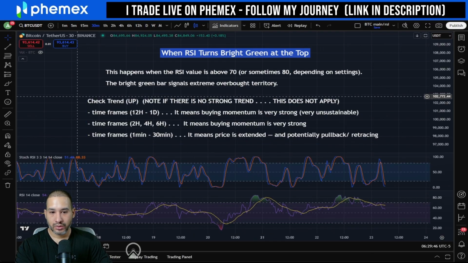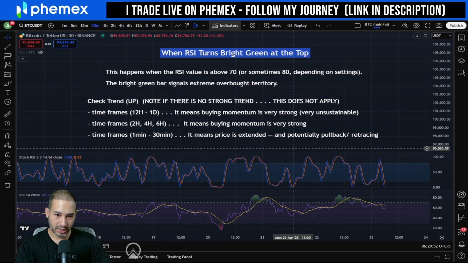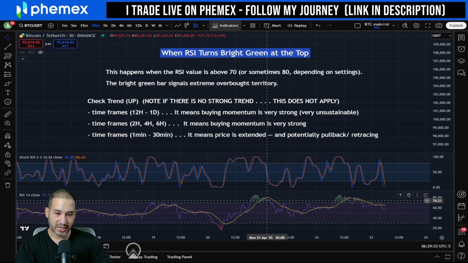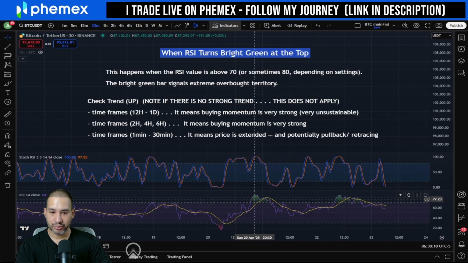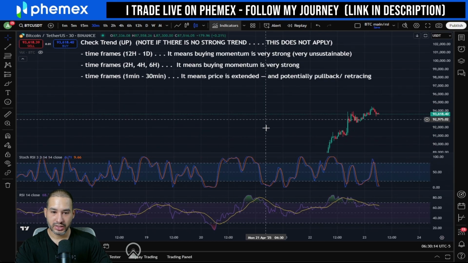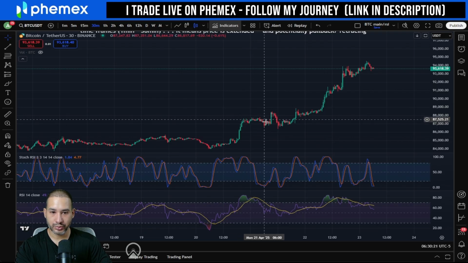Now, another thing to take note is all this only applies if we're showing signs of being overbought and the stochastic RSI is holding strength at these hundreds on the higher time frames. So if we're looking right now on the 30-minute and we're trying to measure, hey, we're seeing signs of being overbought, is it likely that price is going to continue holding the current price before going higher, or are we going to retrace?